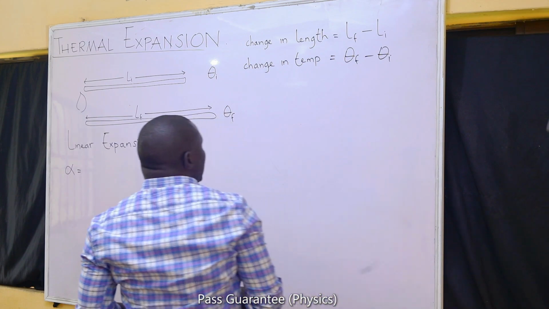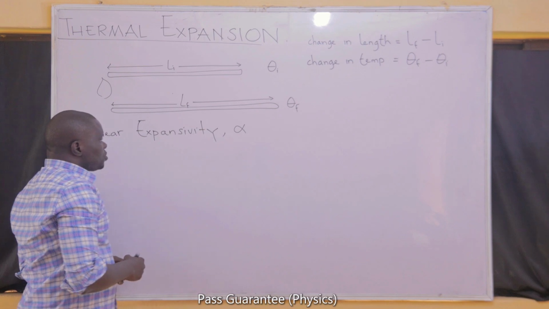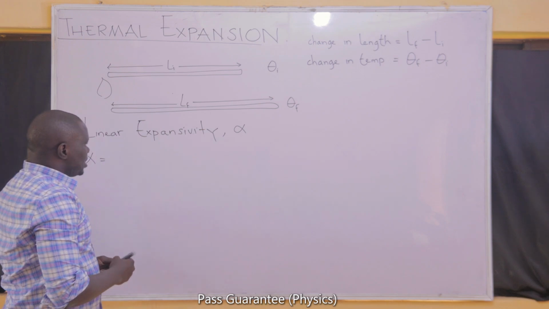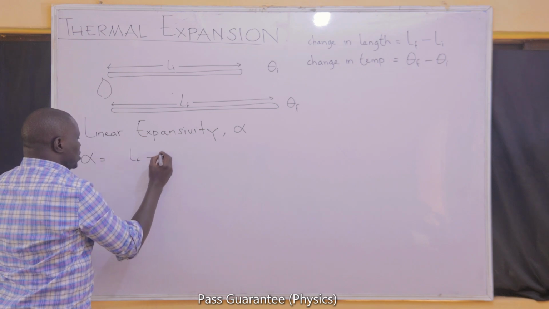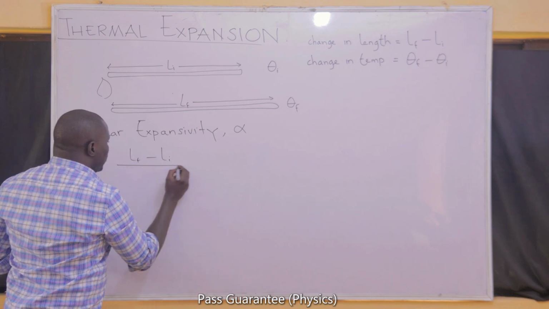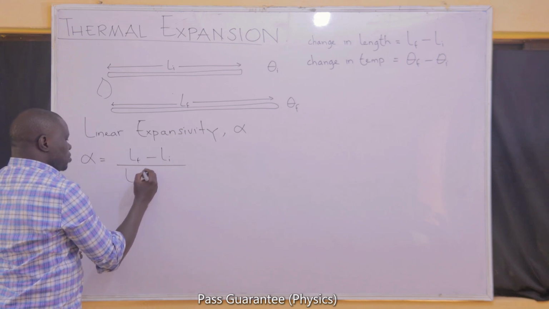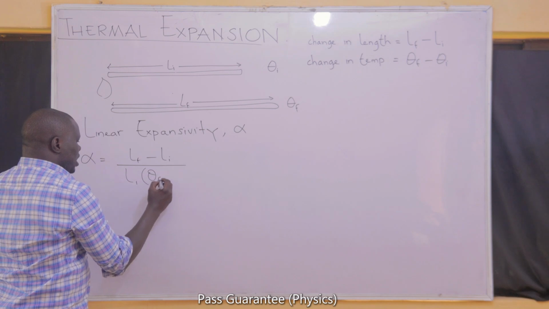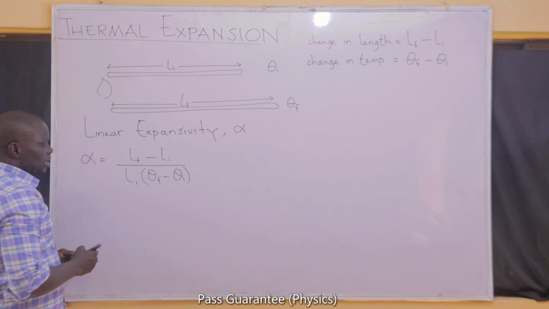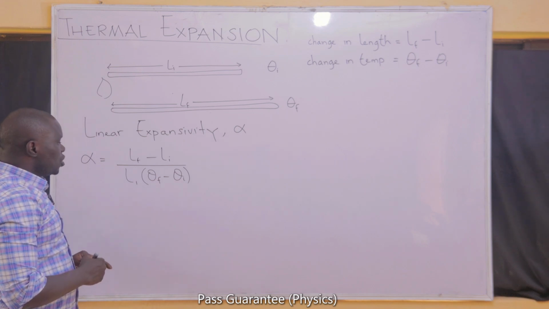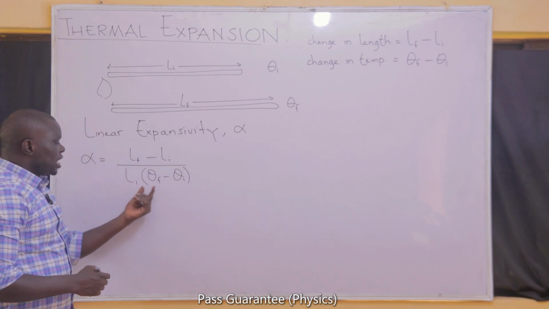So if I have the change in length and the change in temperature, I can simply express the linear expansivity as the change in the length, that is Lf minus Li, all over the original length, that is Li, multiplied by the change in temperature, theta F minus theta I. So to get the linear expansivity of a material, all I need to do is ensure that I have the change in length, the original length, and the change in temperature.